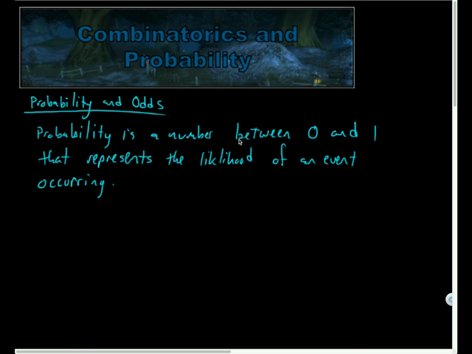So let's define a formula for probability of success and failure. And actually, I think what I'll do is steal this right out of a snapshot here.